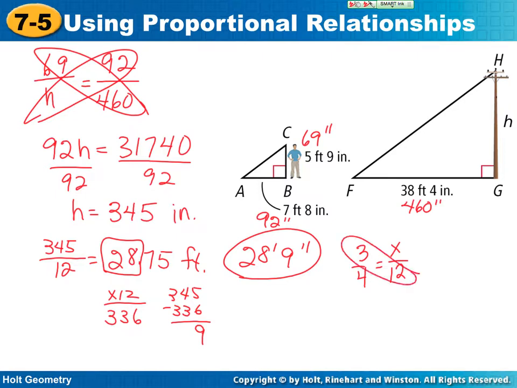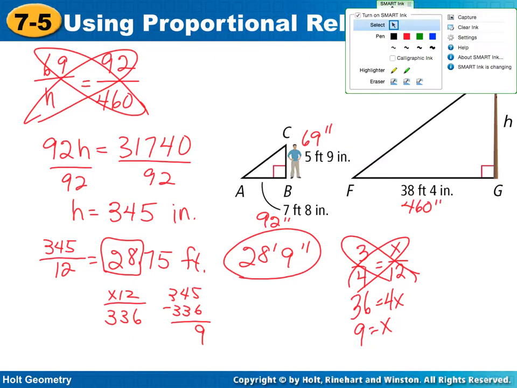And you can figure out when you cross multiply, that's going to come out with 36 equals 4x. That will give you the 9 for the inches also. So there's more than one way to do that. But since the problem was presented in feet and inches, I wanted the answer in feet and inches. All right, I'm thinking yes. I think that that's our last example.